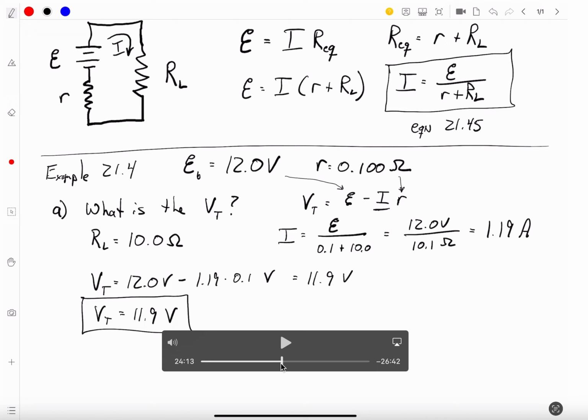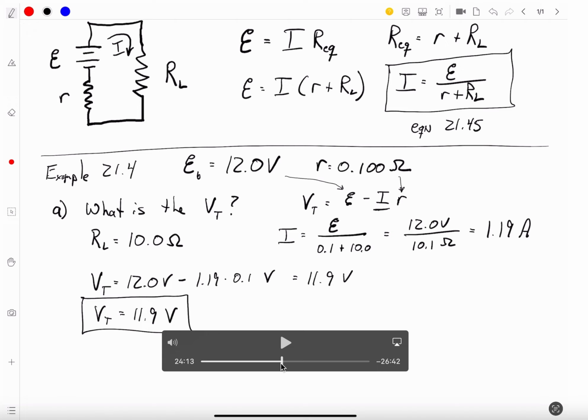The internal resistance is 0.1 ohms. What is the VT? Okay, so VT, we're going to go back and write in VT equals, of course, EMF minus our current times our internal resistance. We just don't know what that current is. We're also given that the load is 10 ohms. So we know what the load is. We know what the EMF is. We know what R is.